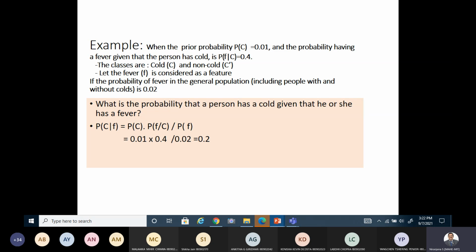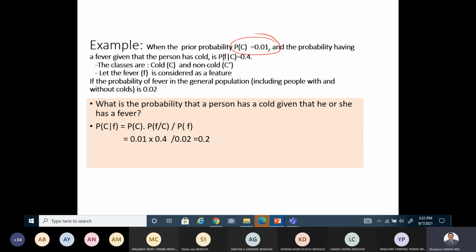Okay. I'll just give a simple example here. When you have the prior probability, P of C, which is an already known probability with respect to a certain class, I take fever as an example.